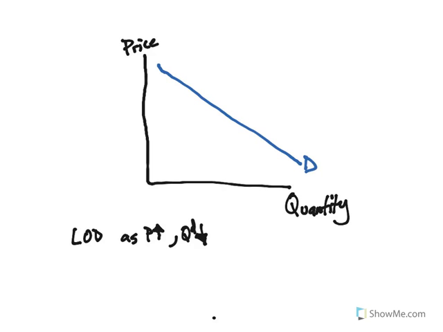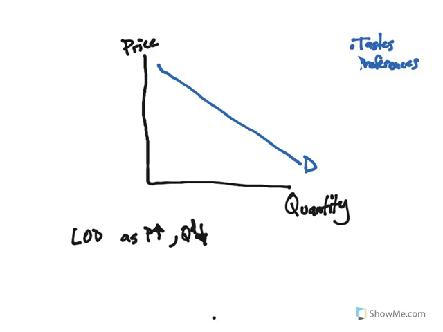Now, as you've just learned, there are some reasons why demand can change. Rather, not price can change, demand can change. So those reasons that demand can change are changes in tastes and preferences. I guess tastes and preferences are really the same thing, so let's just take that bullet point out.